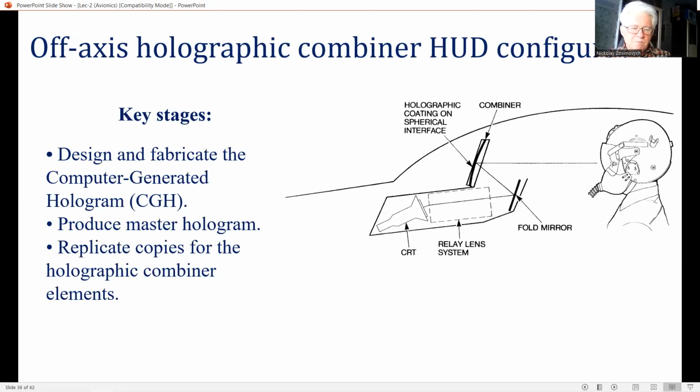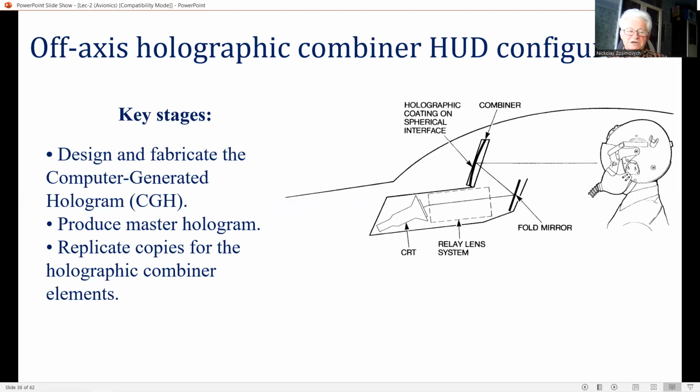The process for producing the powered holographic combiner is very briefly outlined during our lecture. The process has three key stages: design and fabricate the computer-generated hologram, CGH, produce the master hologram, and replicate copies for the holographic combiner element.